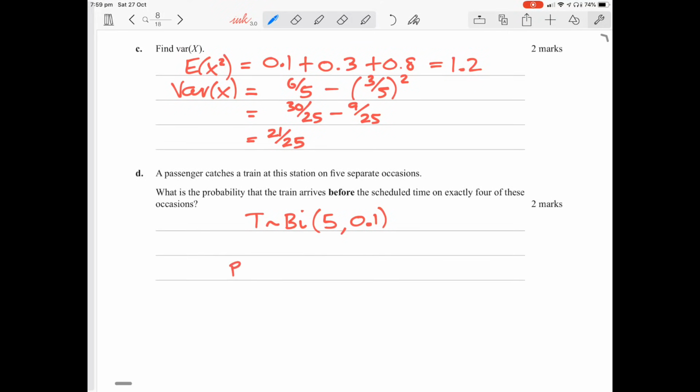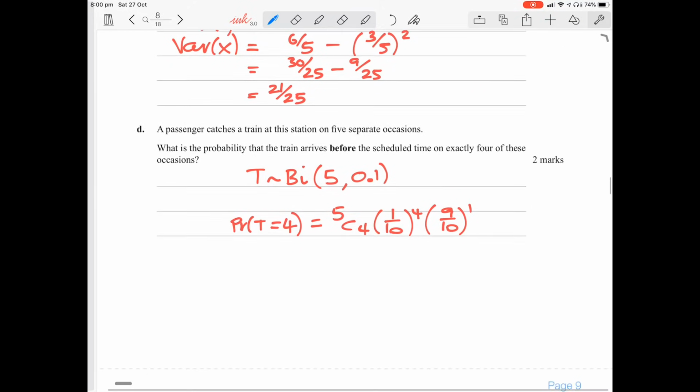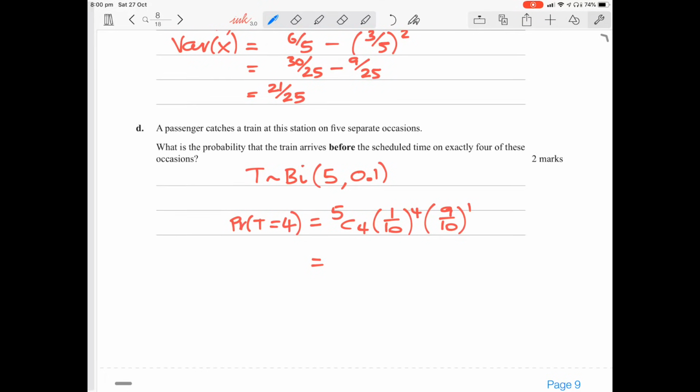So I want the probability that T is equal to 4, which is 5 choose 4, 1 on 10 to the 4, 9 on 10 to the power of 1. 5 choose 4 is 5, so 5 times 1 on 10,000, times 9 on 10, which is 9 on 20,000.